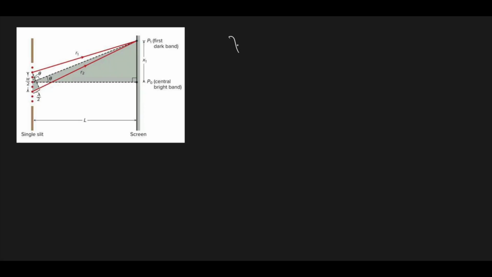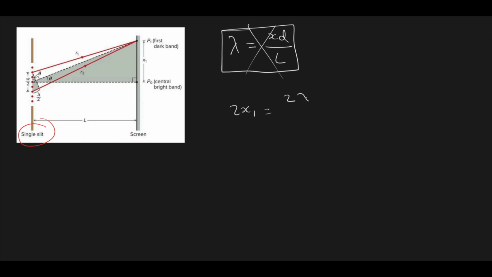We talked about this equation in the double slit experiment, which states that lambda is equal to xd divided by L. But in this case, when we have a single slit, a single huge slit, we will not use this equation, rather we will use another equation, which is 2x1, the distance between the central bright band and the first dark band, equal to 2 times lambda times L divided by W, where W is the width of this slit.